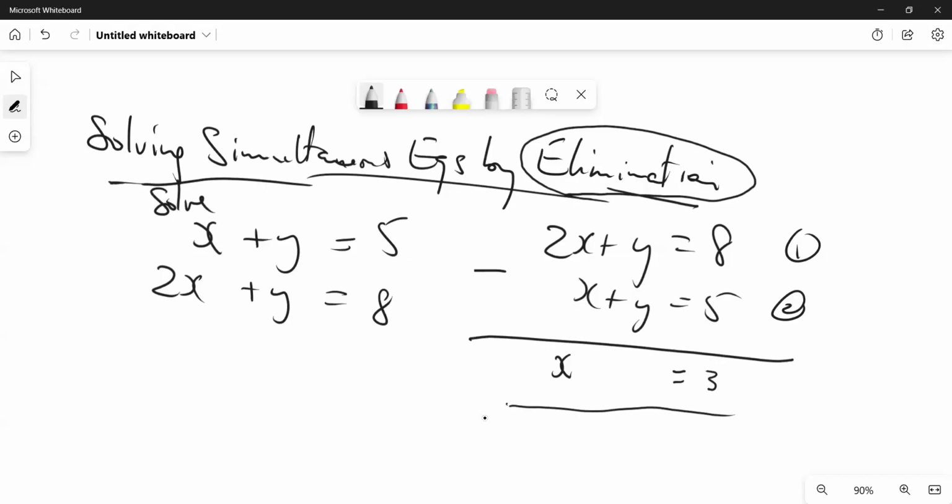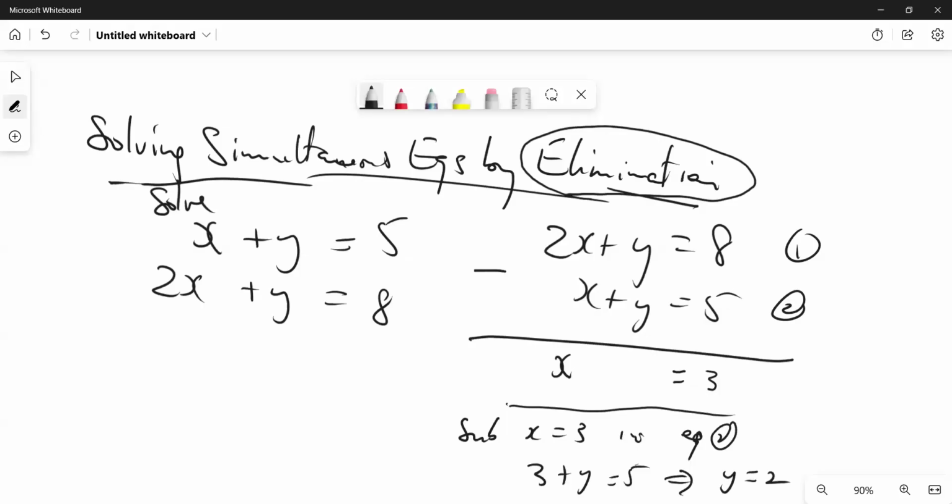Let's substitute x equal 3 in equation 2. Sometimes I don't say equation 2, I just put 2 in a circle, which means I'm substituting in equation 2. So you get 3 plus y equal 5, which implies that y equal 2.